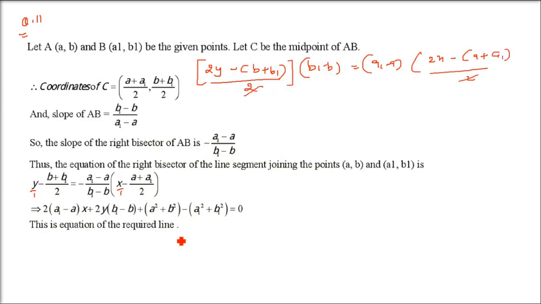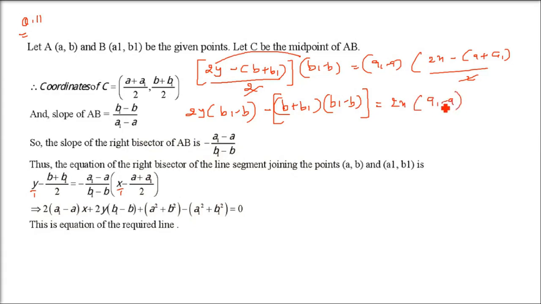So 2 you can cancel it out. Now I'm going to multiply 2y with (b1 minus b), and then we have minus (b plus b1) times (b1 minus b). Coming to the right side, you have (a1 minus a), so 2x into (a1 minus a) and minus (a1 minus a) into (a plus a1).